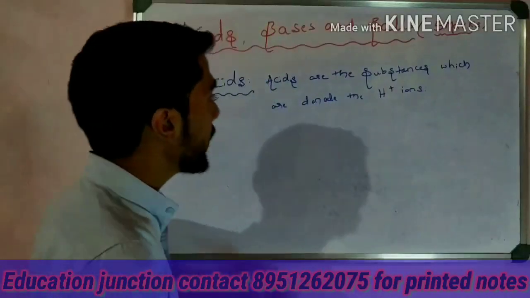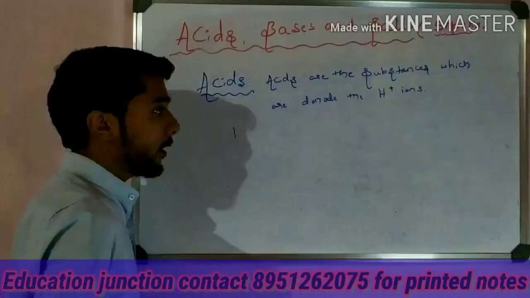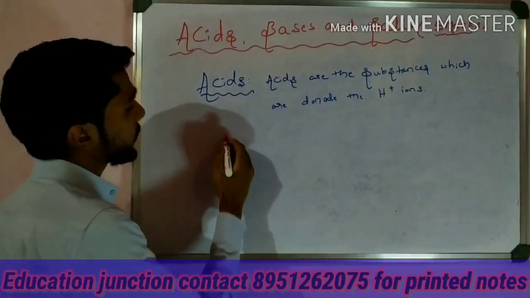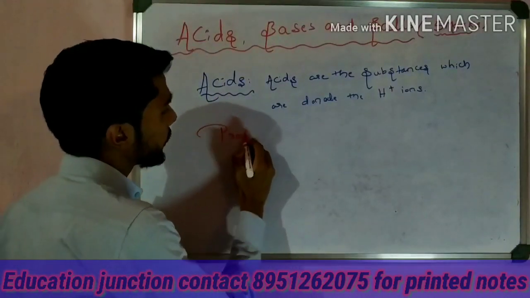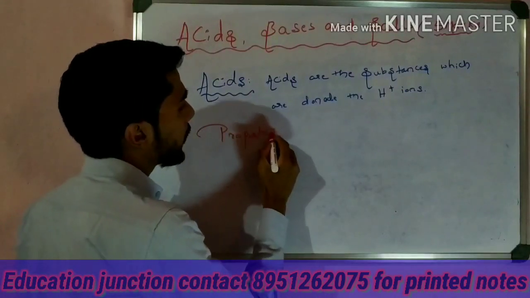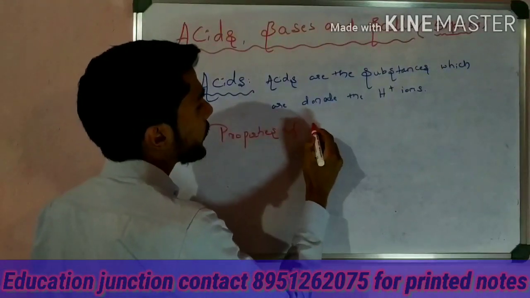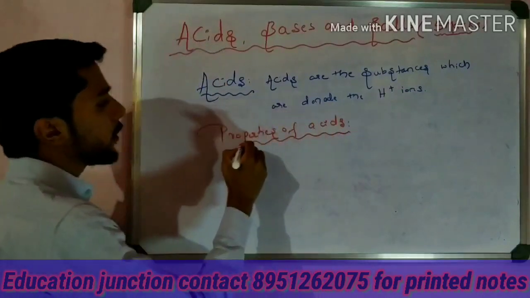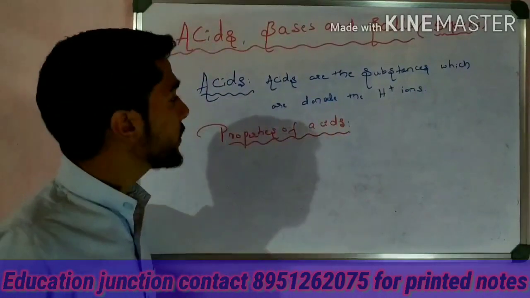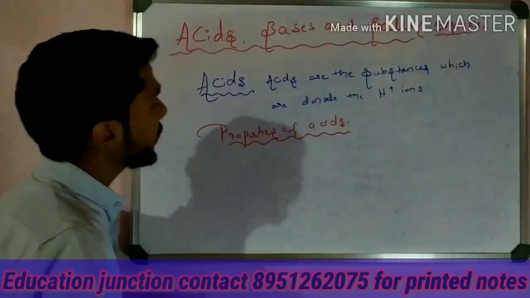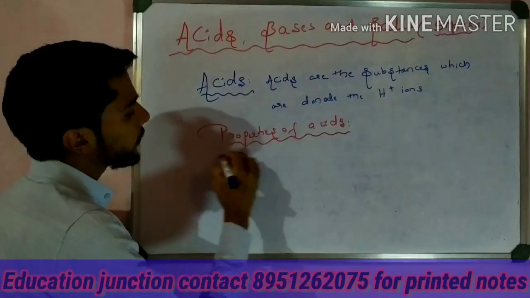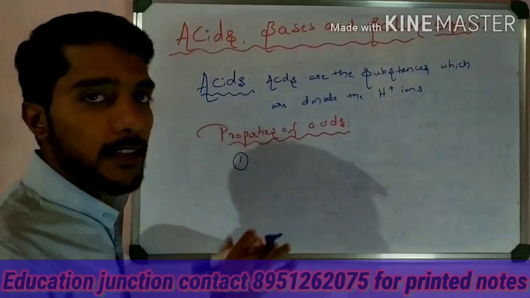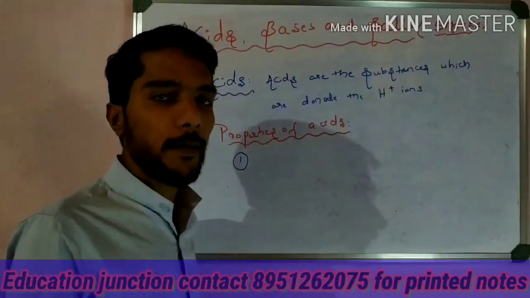Now come to the next topic, properties of acids, which is very important. So I write the first one. Property number 1: acid gives H plus ions.